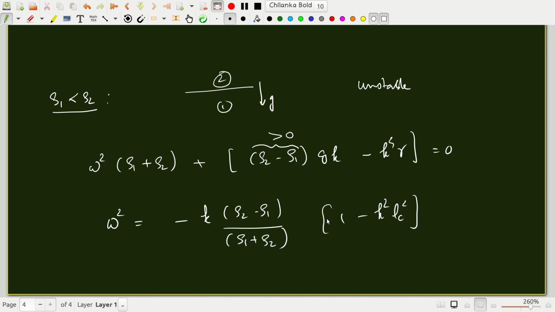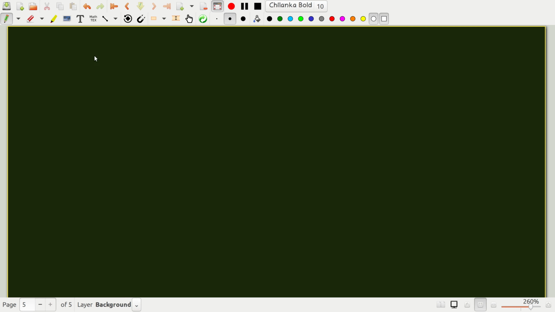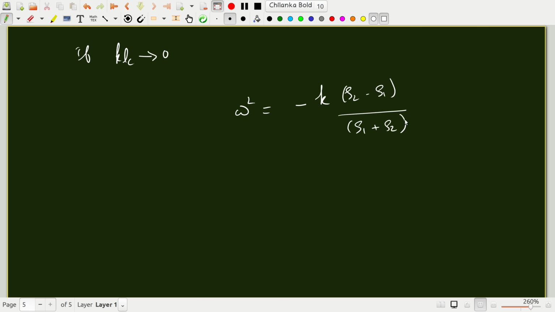Now, if K LC is very small, it tends to 0, and if you remember, omega squared is minus K times (rho 2 minus rho 1) by (rho 1 plus rho 2) times G. This is approximately what omega is for very long waves.